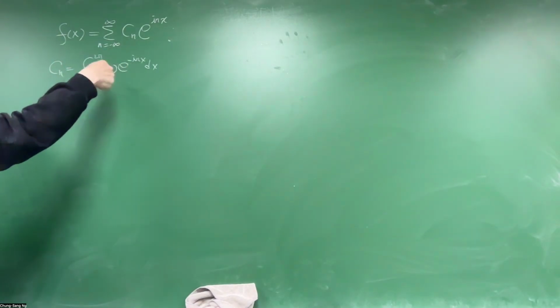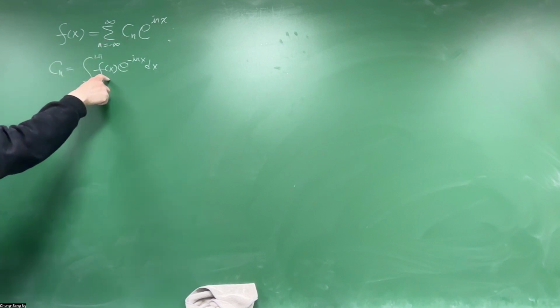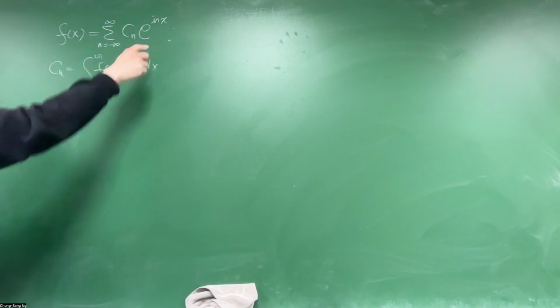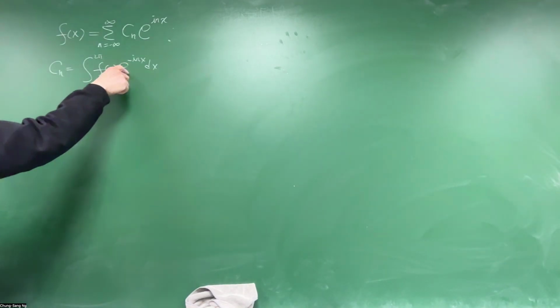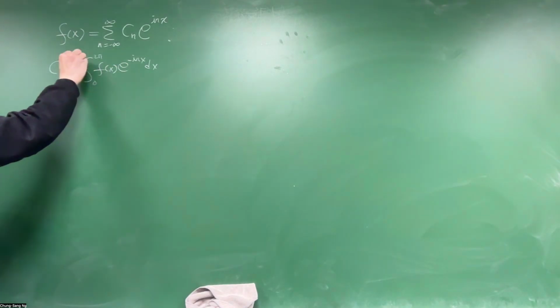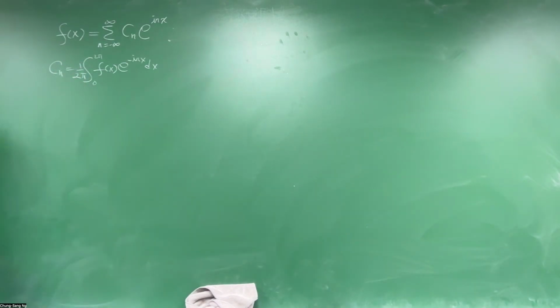Because if you substitute this into that, only the term that is the same will give you 2 pi. So you need to divide it by 2 pi. Right. That's the formula.